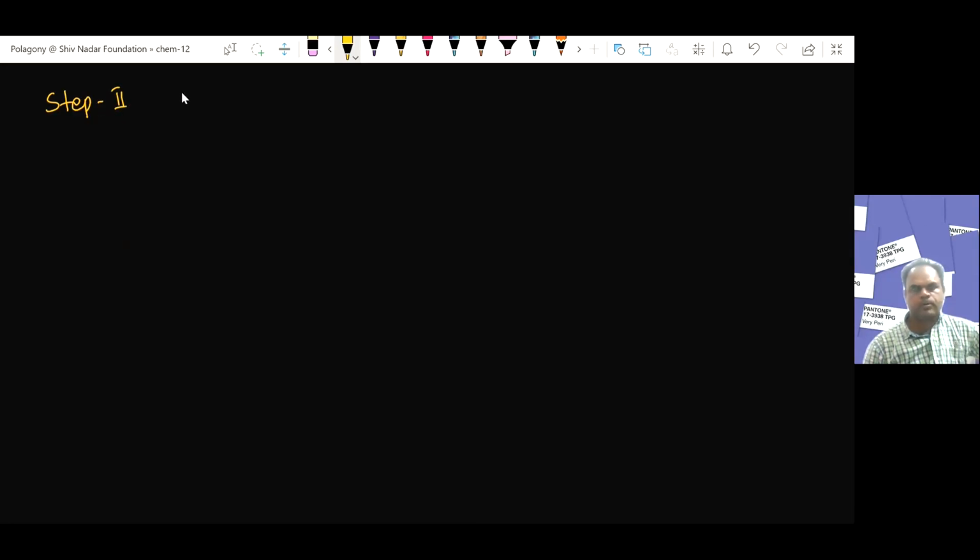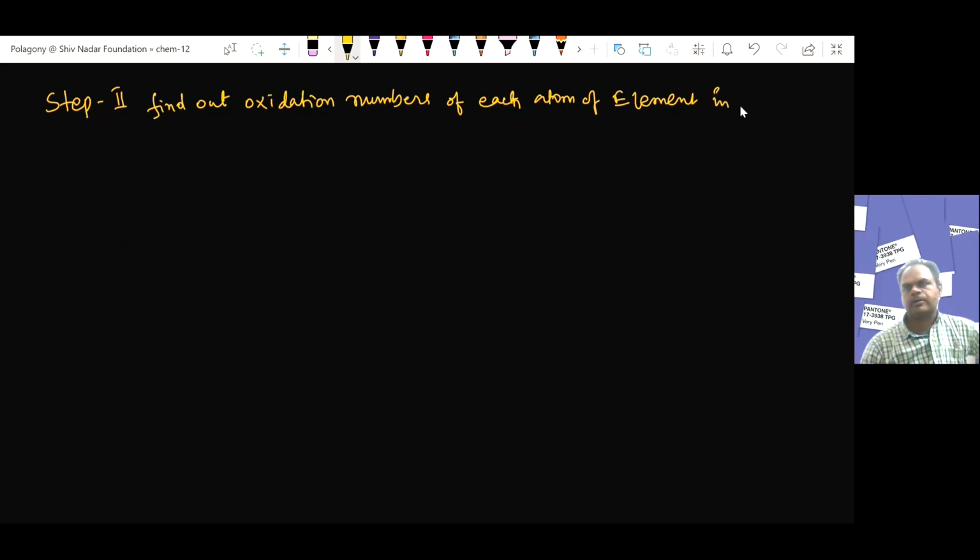So what do we have to do in step 2? Once after writing the skeleton ionic equation, in step 2, find out the oxidation number of each atom of the element in the ion or molecule.